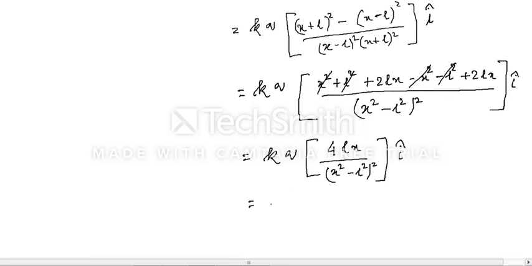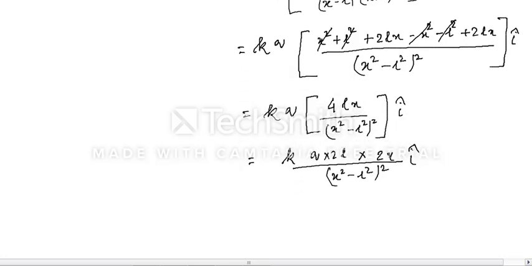So we are getting kq into 2L multiplied with 2x by x square minus L square whole square i cap.